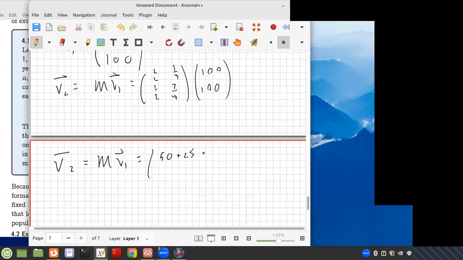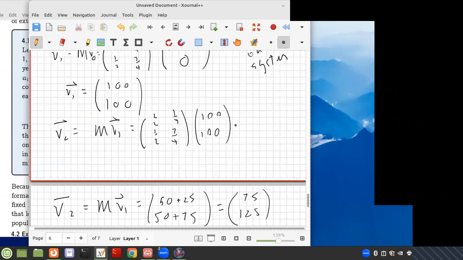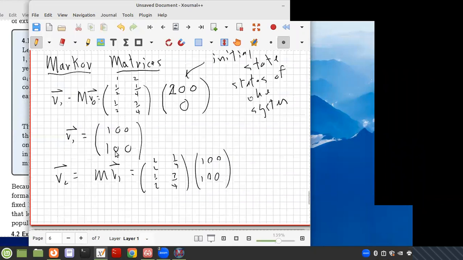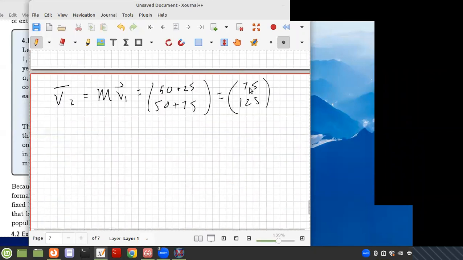And then location 2 is going to be 1/2 of 100, which is 50, plus 3/4 of 100, 75. So this equals 75, 125. Okay, so now it started off with 200 people at location 1 in the middle. The first step was 100, 100. Now it's 175, 125.